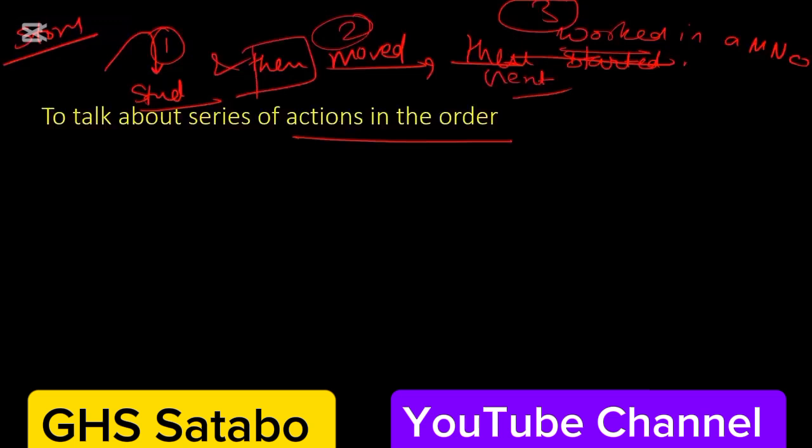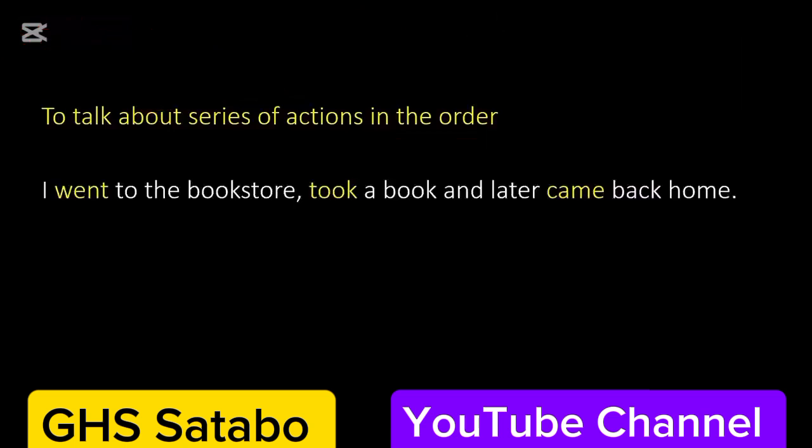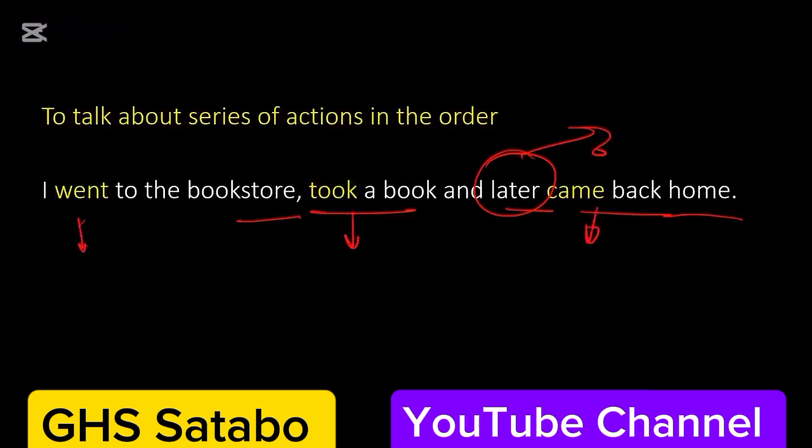So now when you have a series of actions in sequence, you can always use simple past tense. I went to the bookstore, took a book and later came back home. So later is your identification that it's a series of actions and hence we can use simple past tense. Or if you look here, went, took, came.